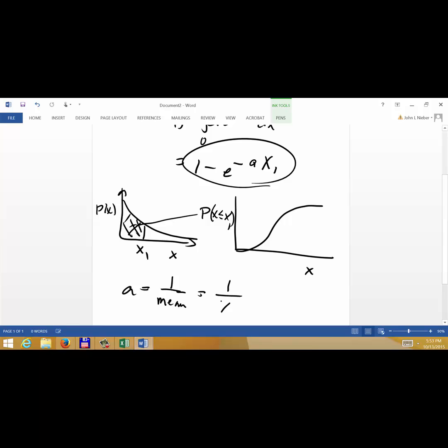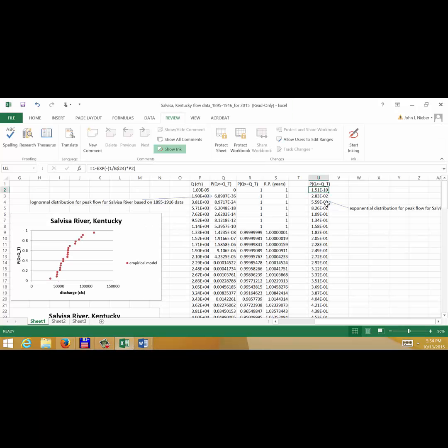From the values of discharge that we calculate, we get the mean value, and we take the inverse of that, and that's the value of a. So that's a fairly simple function to evaluate. I don't need anything special from Excel to do that.